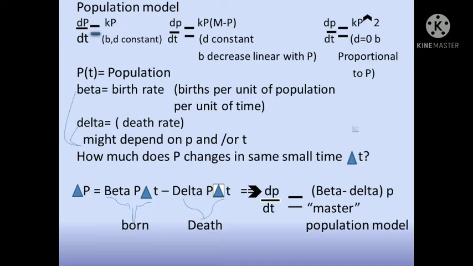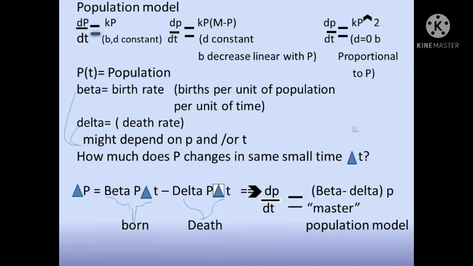Rather than derive each of these models individually, what I will do now is discuss a general population model from which these equations can be derived, among others. So let's start with the population.